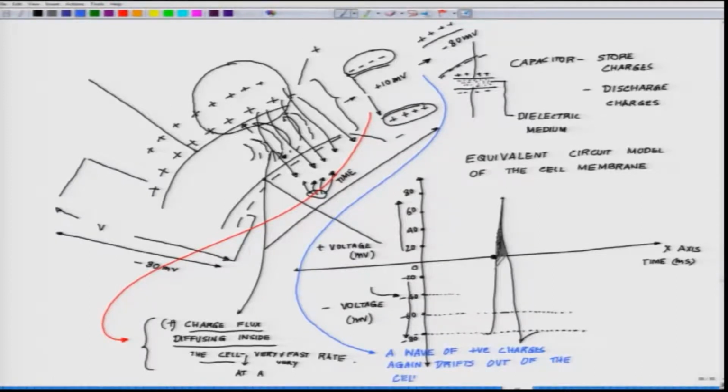So, first what we observe: positive charges out here, positive charge flux diffuses inside the cell, and it happened at a very fast rate within a very small span of time, which is shown here.